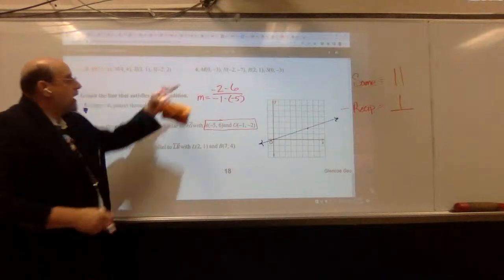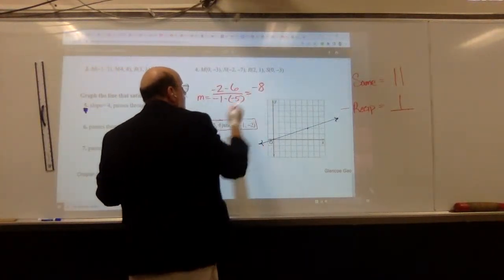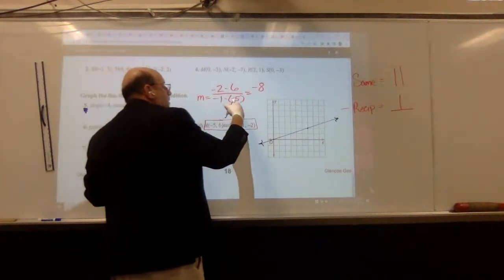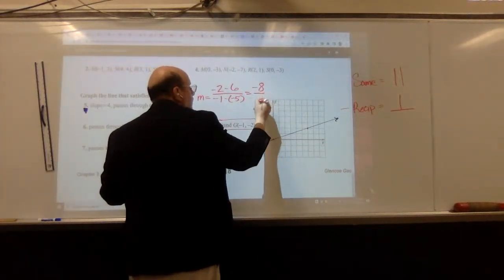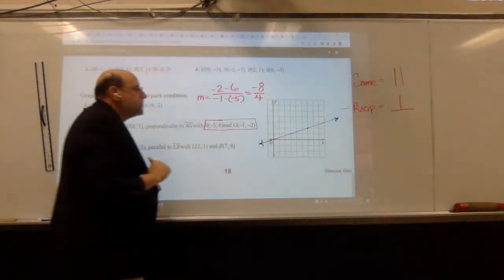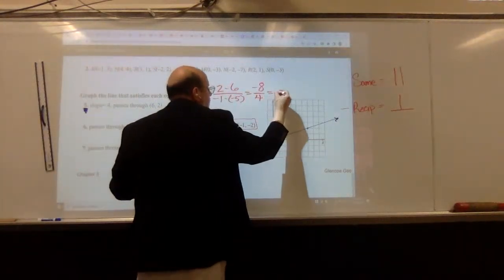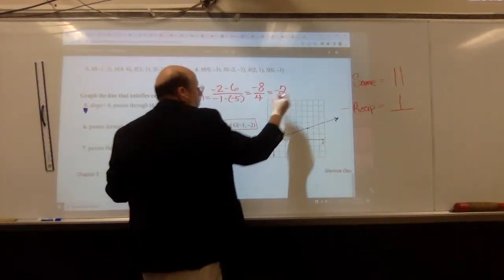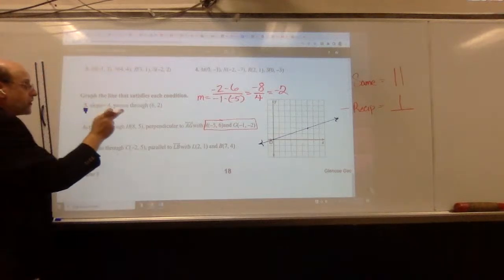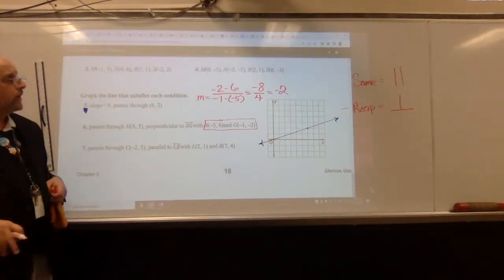All right, -2 minus 6 gives me a -8. -1 plus 5 gives me 4. Good? So -8 over 4 is -2. That's my slope for AG, but I want a perpendicular slope to AG.